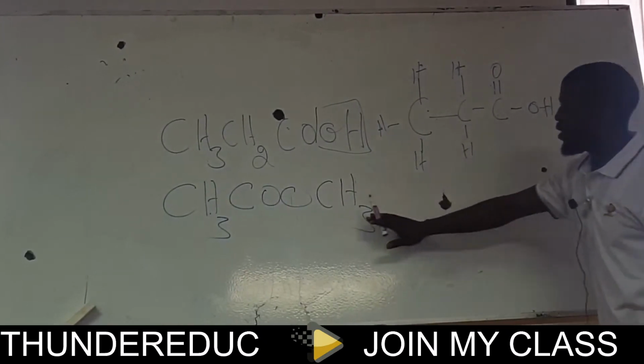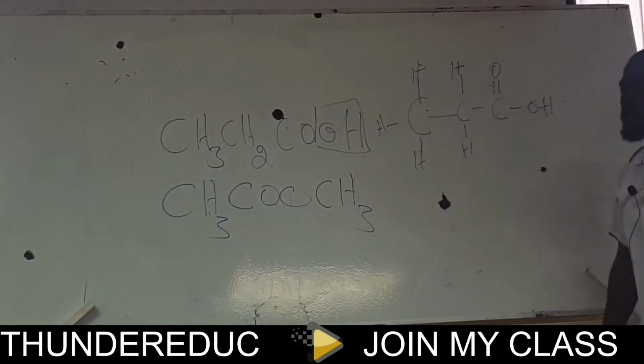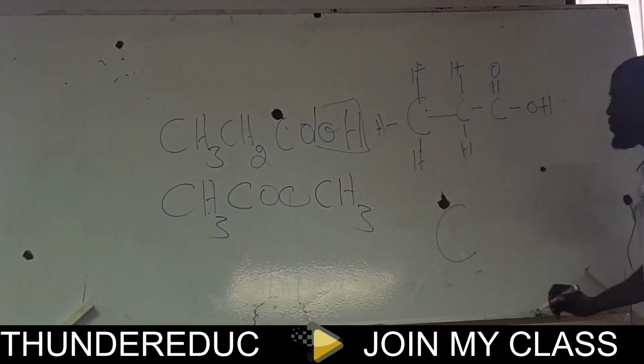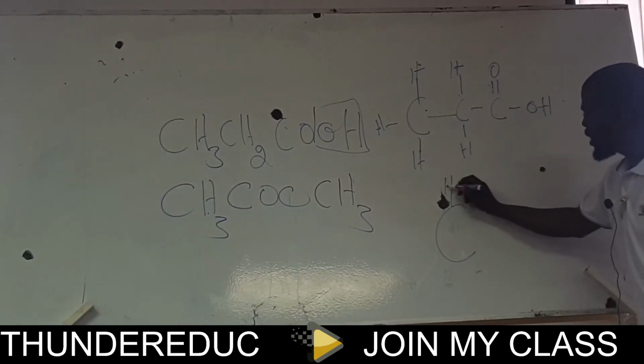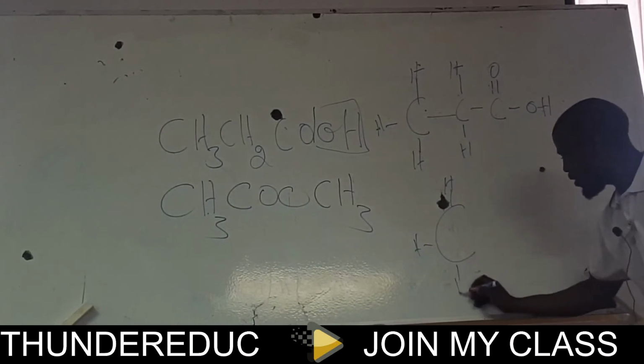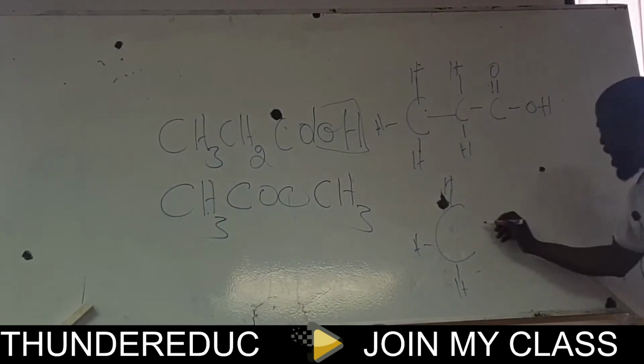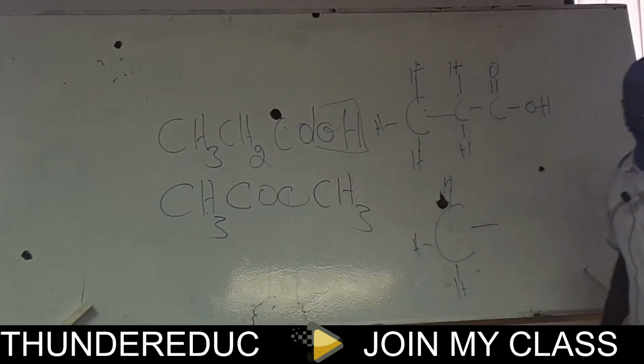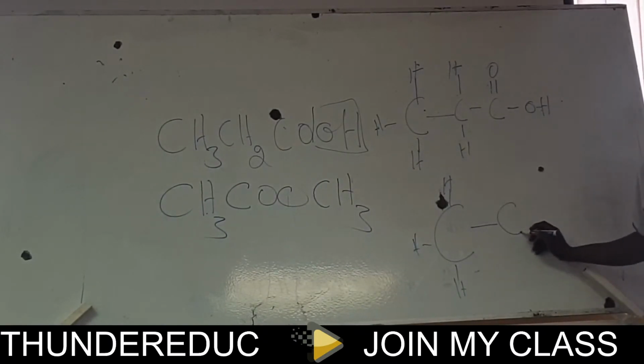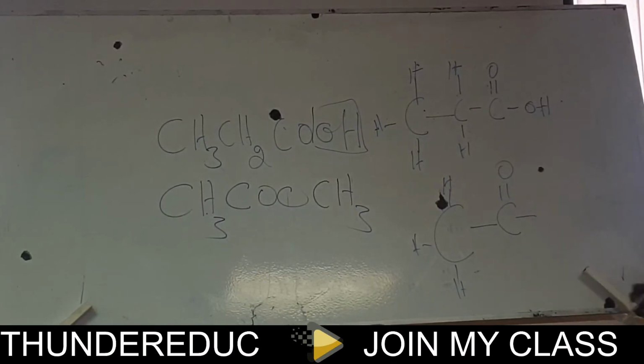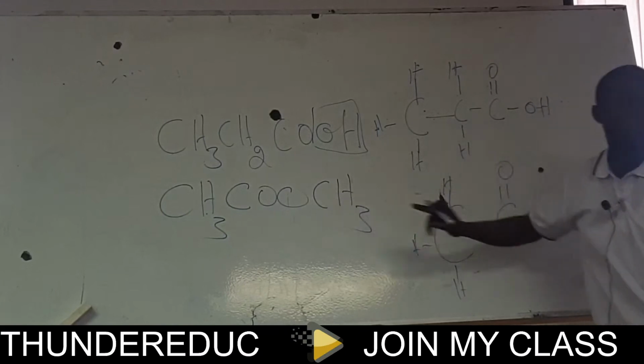What about the other one? Now the problem is here. C is CH3. What about here? C, double bond, oxygen, and then O. Now this is not hydrogen, it is a carbon.